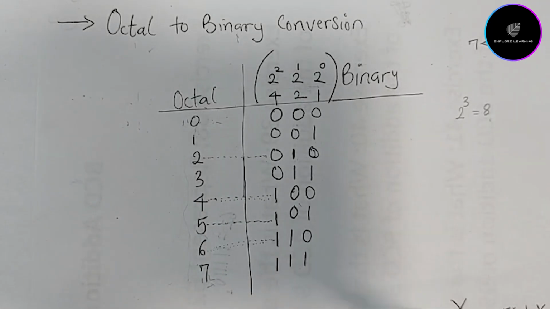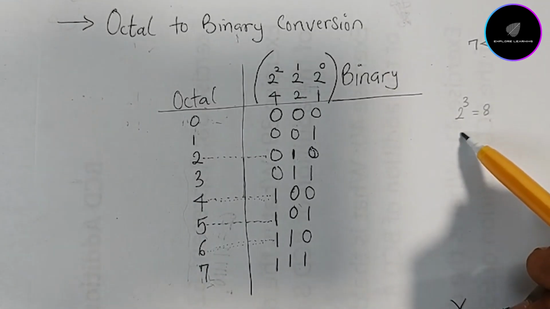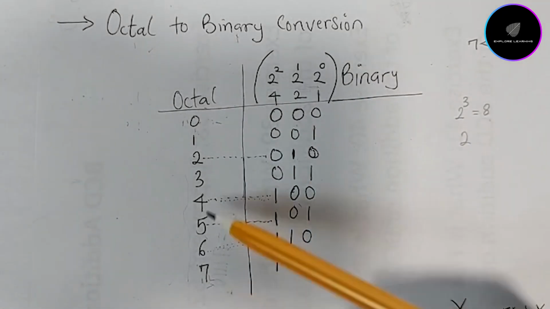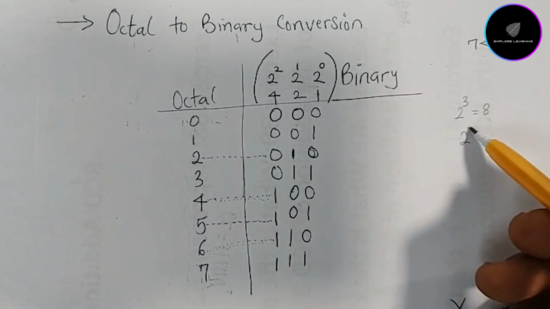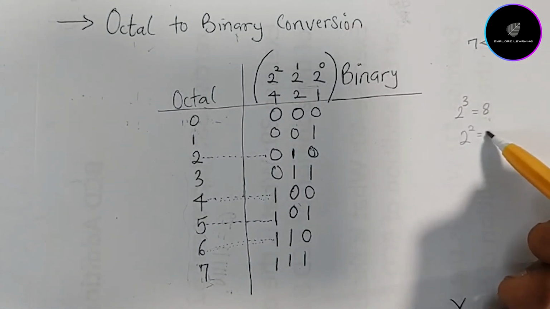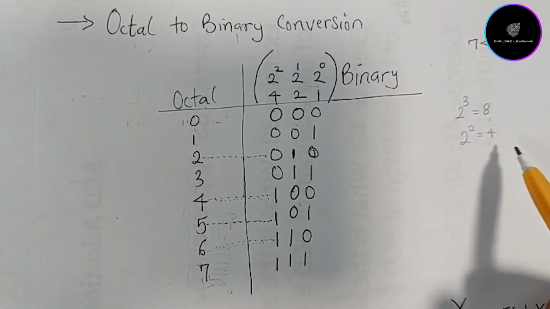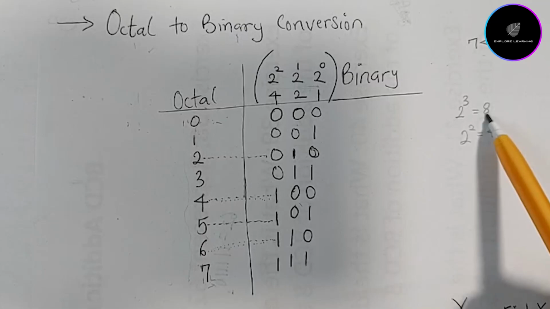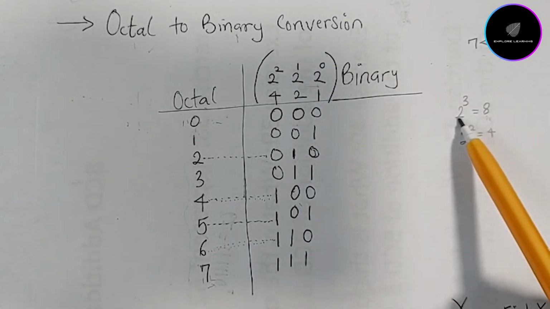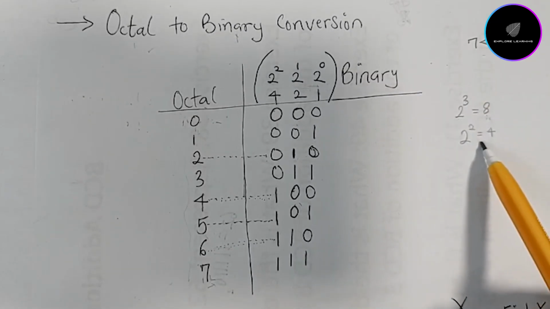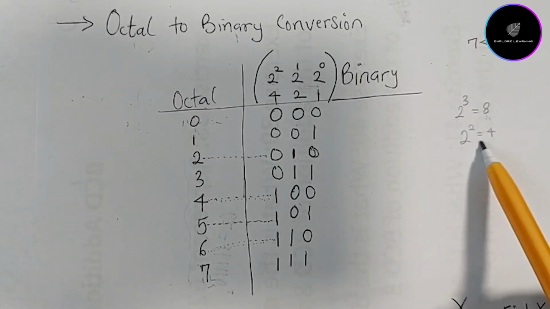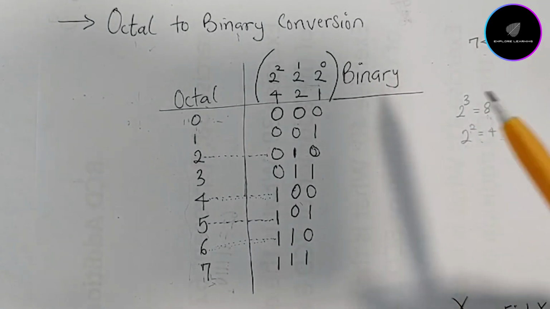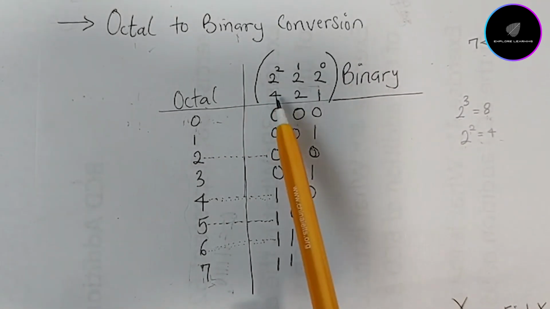So 8 is not less than 7, it's greater than 7, and we cannot use 2 raised to power 3. We need to move to the next lower value, which is 2 raised to power 2, which gives us 4. That is why we have 2 raised to power 2, which is 4.